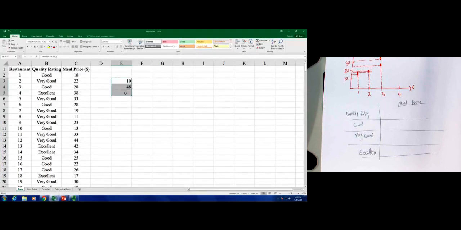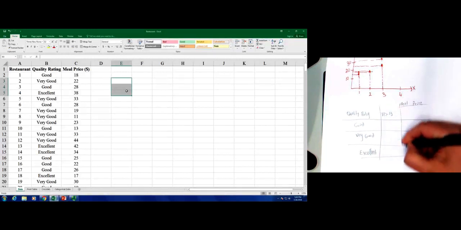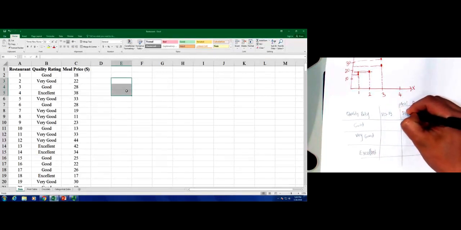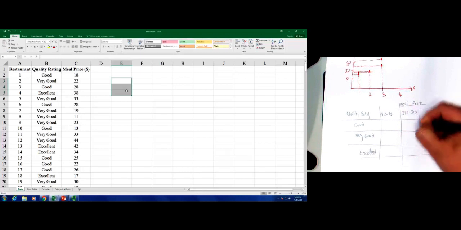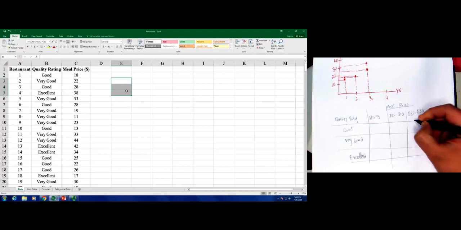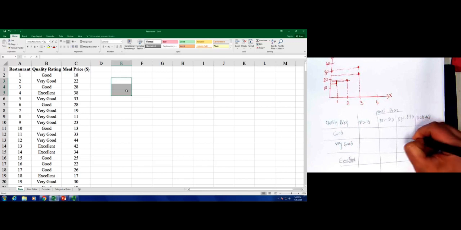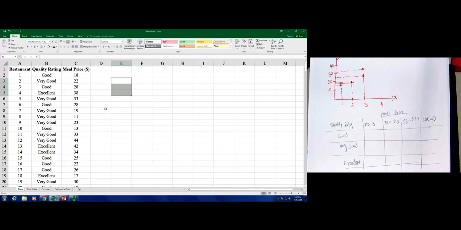Now we can do $10 increments like 10 to $19, 20 to 29, 30 to 39, and 40 to 49. Now the question is, how many do we have in this price range?